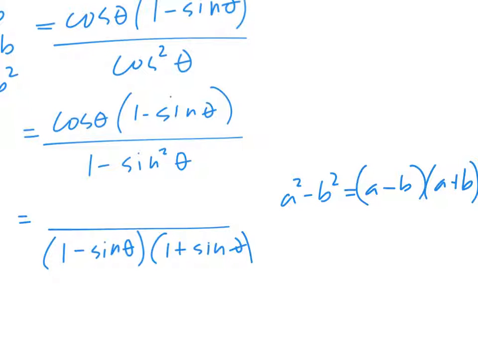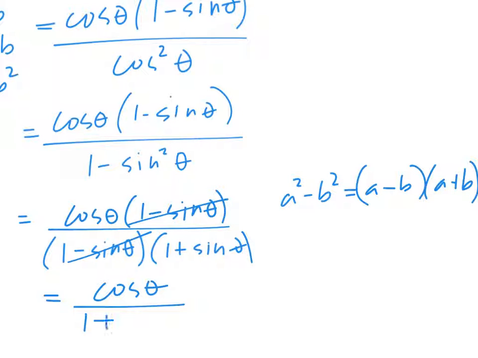You're going to see things like cosine squared minus sine squared. You're going to have to factor. So anytime something remotely looks like a squared minus b squared, you've got to just notice. I'm sure you guys would not have any problems if I just gave it to you in x and y. You would see these things. But now we're in sine, cosine, so you're not used to it. All right, this cancels. Cosine over 1 plus sine.